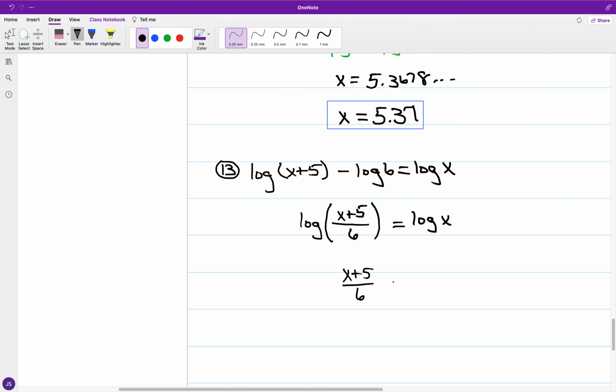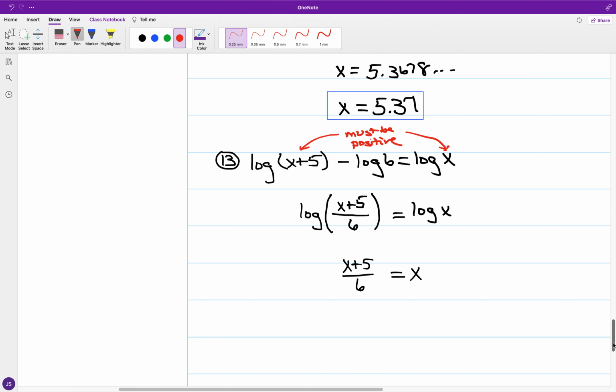So I'm going to have x plus 5 over 6 is equal to x. Again, both x and x plus 5 must be positive.